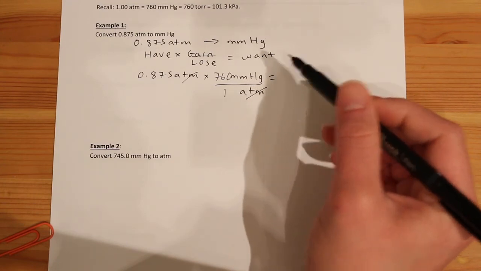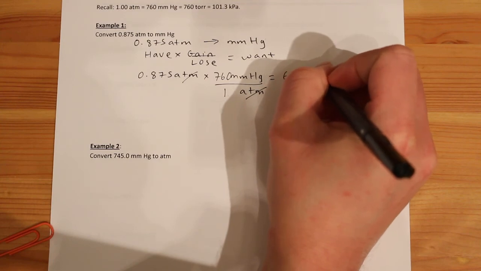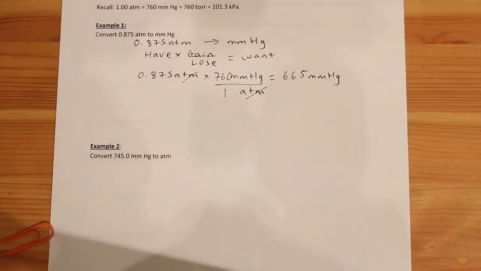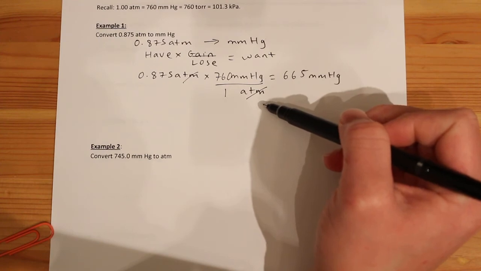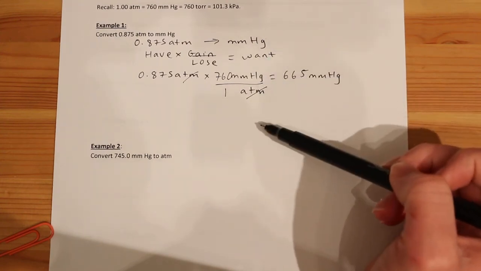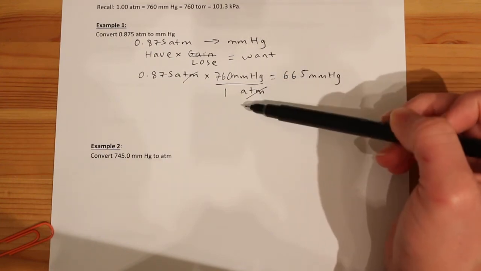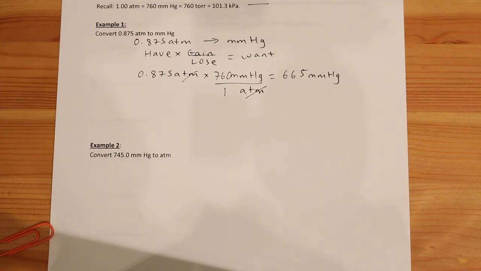And then our final answer is going to be 665 millimeters of mercury. So again, you multiply what you have by what you want to gain, divide by what you want to lose, and keep in mind what you have and what you want to lose are going to have the same units. You set up your conversion factor that we get from here, plug that into your calculator, and then you get your answer.